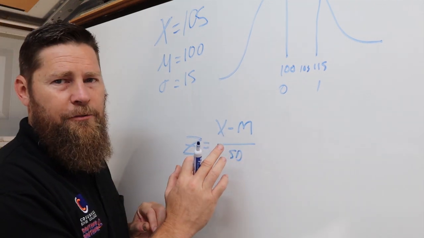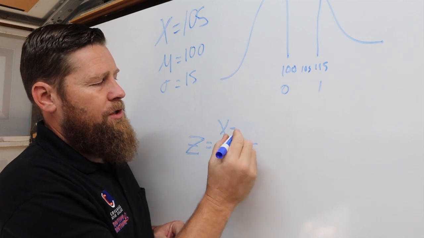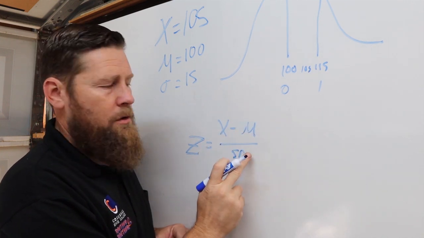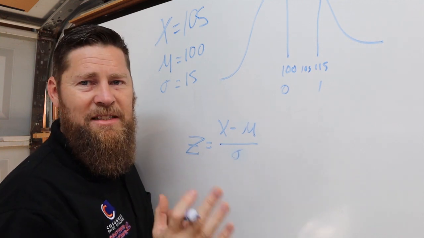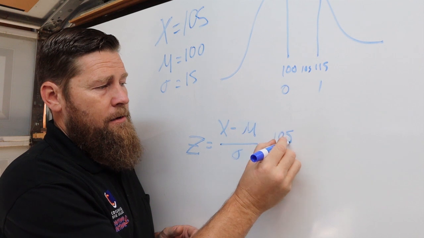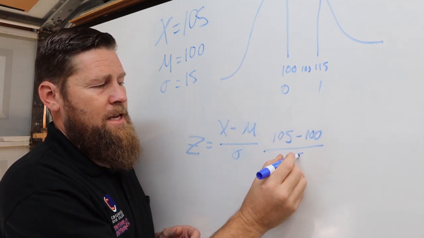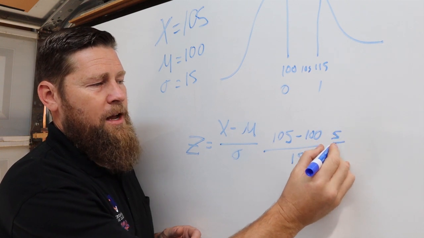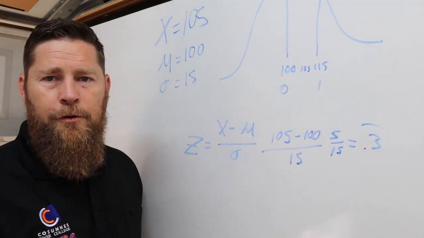So if I wanted to find the raw score for population data, I can just say x minus mu divided by sigma. It's the same thing. So 105 minus 100 divided by 15, that's 5 divided by 15, or 0.3 repeating forever.